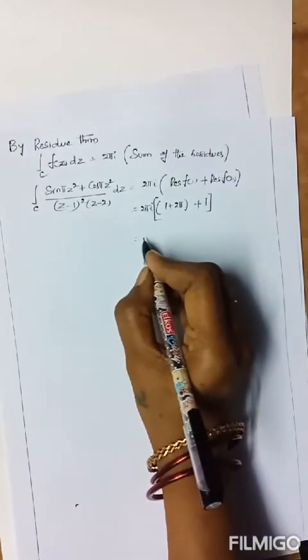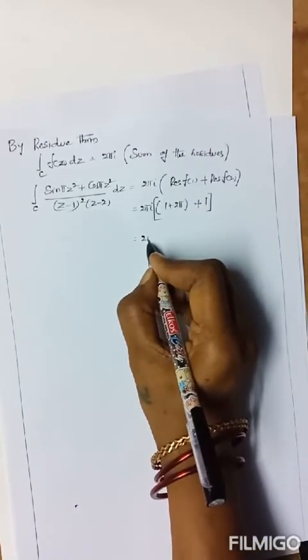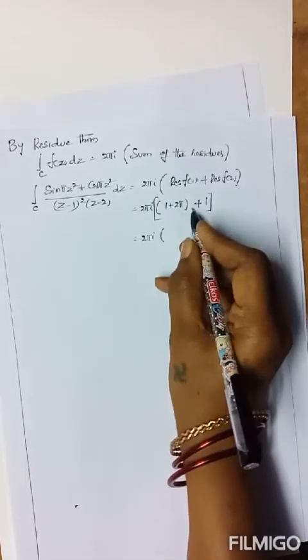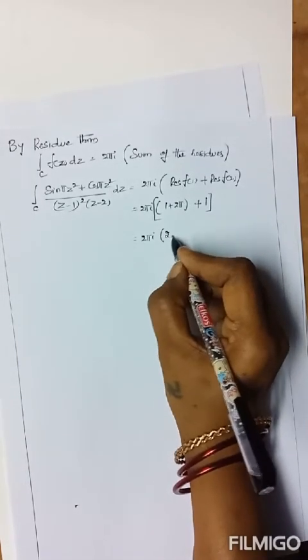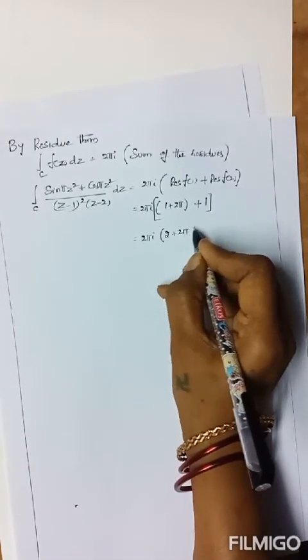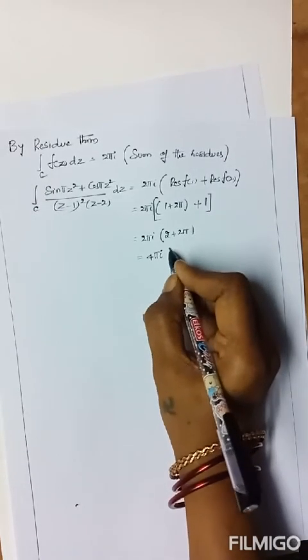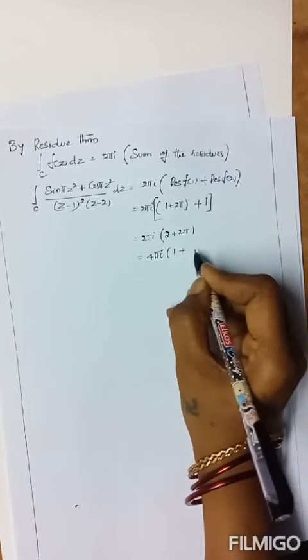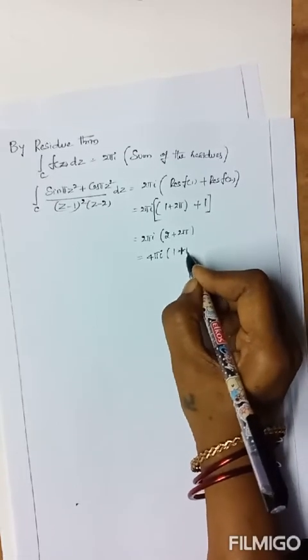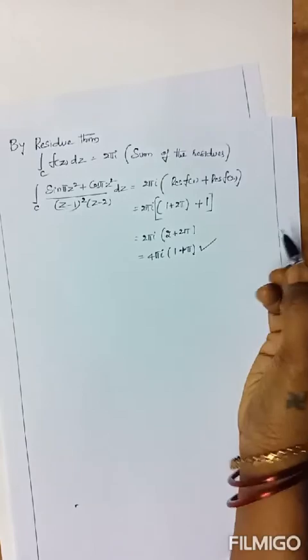This equals 2 pi i times (2 plus 2 pi), which is 4 pi i into (1 plus pi). This is the result of the given integration.